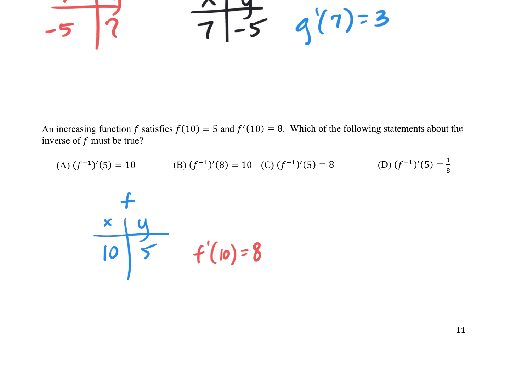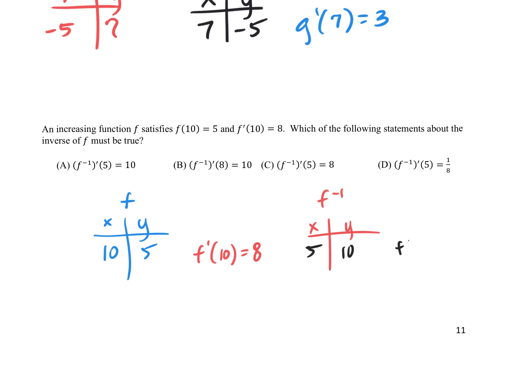What do we know? Okay, they use this inverse notation, right? So let's go with my inverse. What point does my inverse have? If my function had the point (10, 5), my inverse has the point (5, 10).